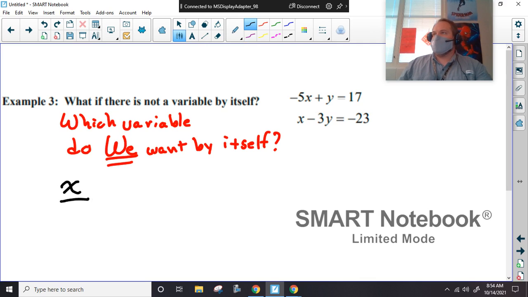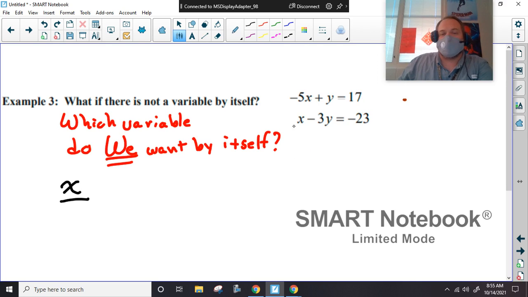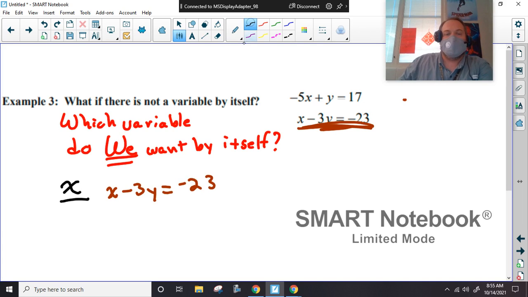I heard two people say x. So if we're wanting x by itself, what are we going to use? Are we going to use the top or the bottom? The bottom. We're going to use this to get x by itself. And how do we do that? Add 3y to both sides.